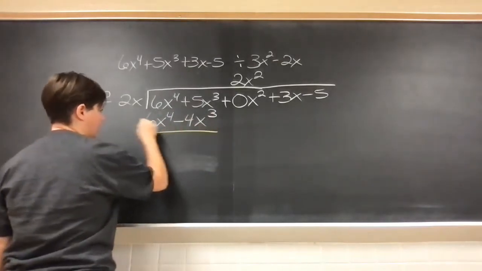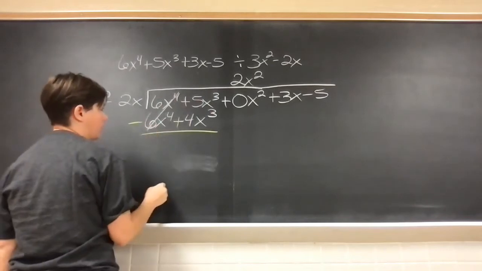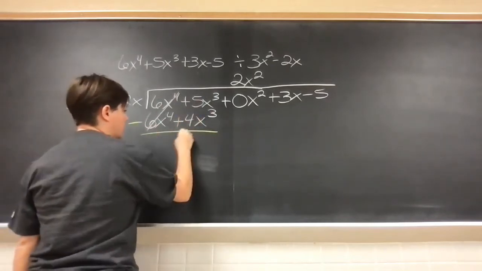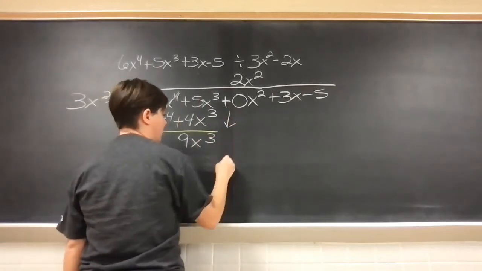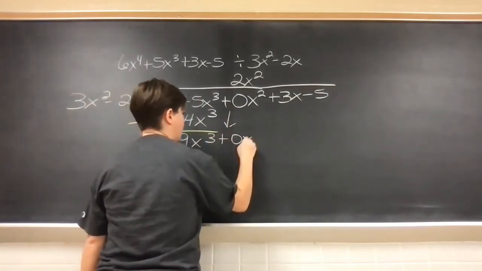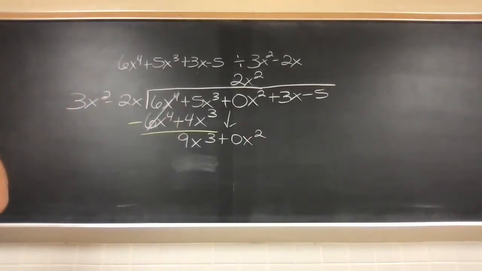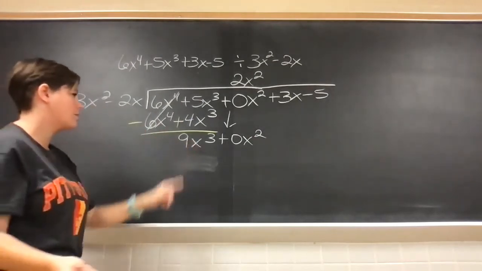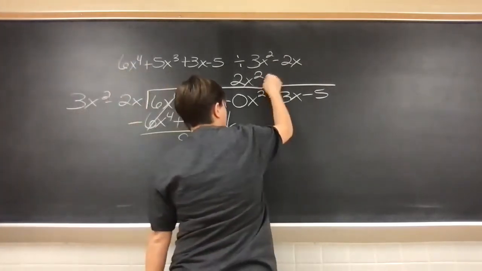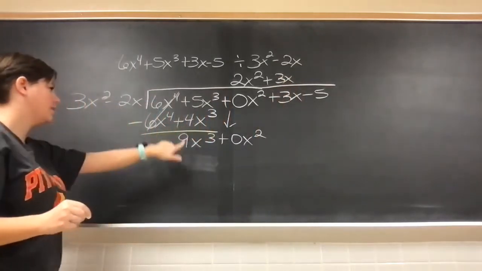I draw my line. I change my signs so that my leading one goes away. 5 plus 4 is 9x to the third. And then I bring down my 0x squared. So 3x squared goes into 9x to the third. 3x times 3 gives me 9.